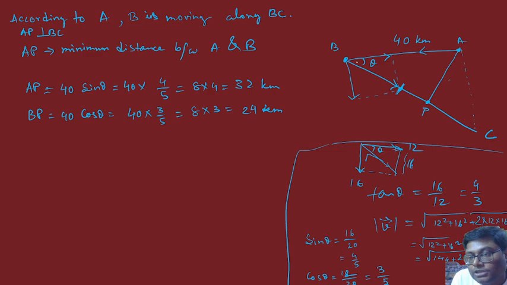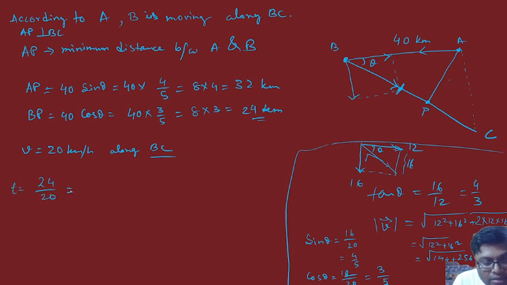Now with respect to A, B is going along this line, and it has gone 24 kilometers. At what speed? At 20 kilometers per hour. The average speed, the resultant speed v, equals 20 kilometers per hour along BC. So time will be 24 by 20, which is 6 by 5, equal to 1.2 hours. We already know that 0.2 hour means 0.2 into 60, which is 12 minutes.